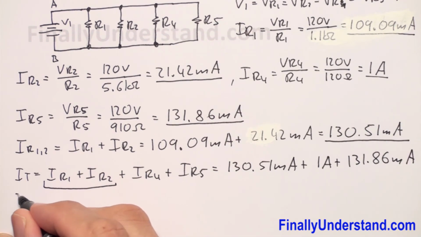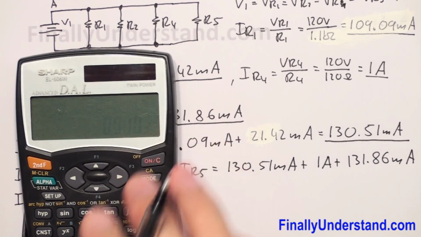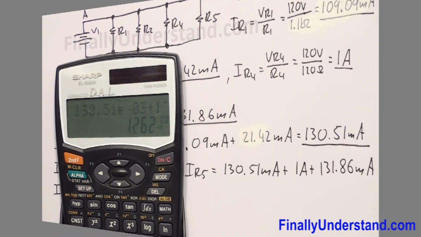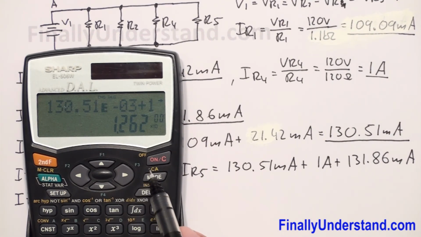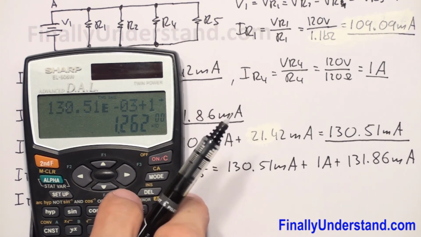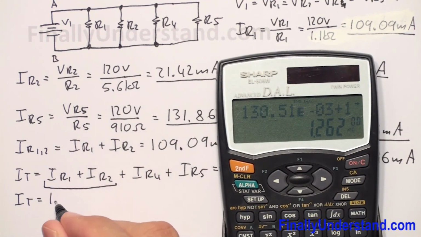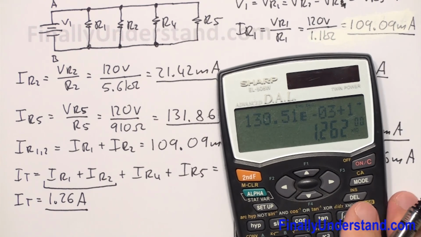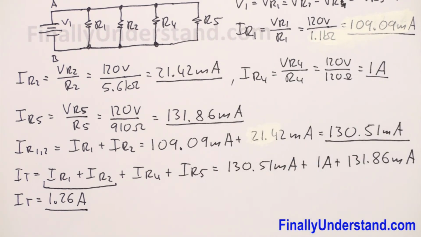So this is I total, and it's equal to 130.51 times 10 to the power negative 3 plus 131.86 times 10 to the power negative 3, which is equal to 1.26 amps. So this is my I total, 1.26 amperes.